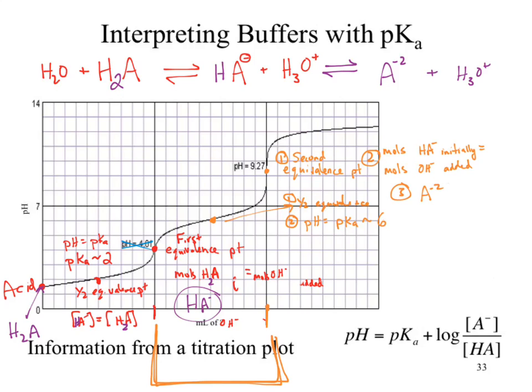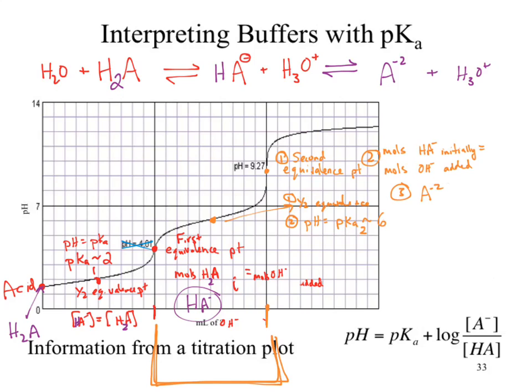So instead of just calling this pKa for both, we can call it the pKa2 and the pKa1, to separate those two things away from each other so that we can now start to interpret them a little bit better.